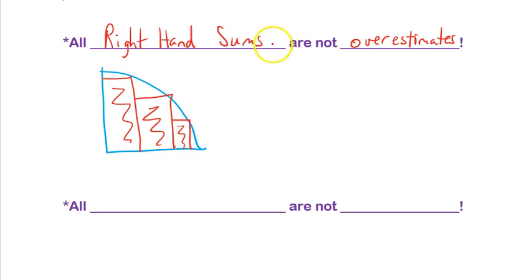So just because it's right-handed doesn't mean it's an overestimate, and in that same thought, just because it's left-handed, so all left-handed sums are not underestimates.